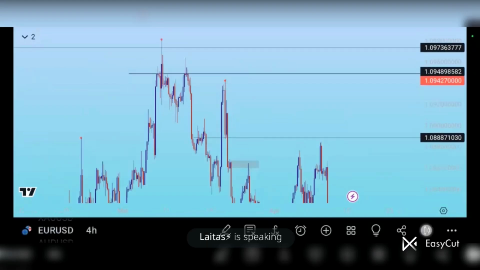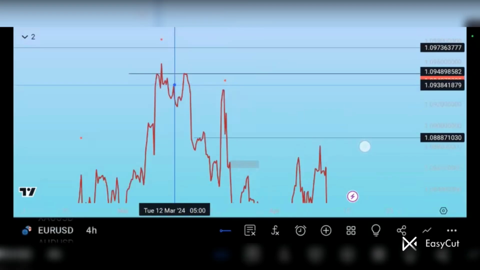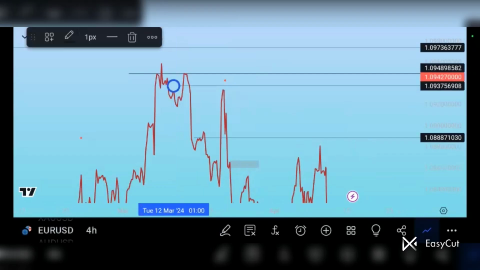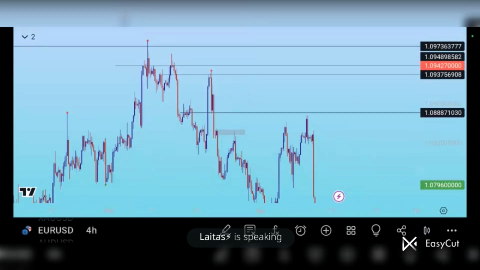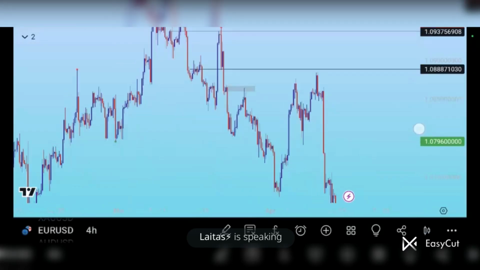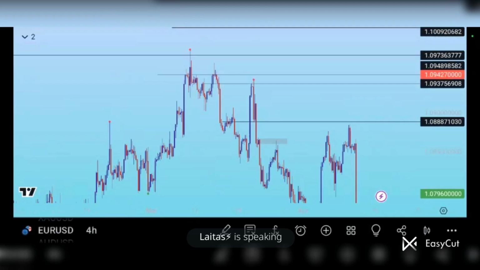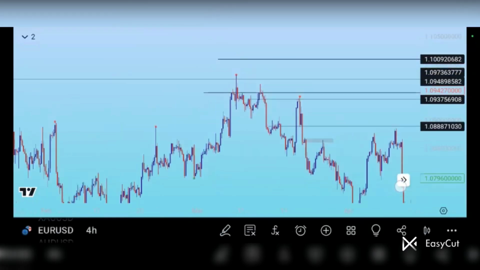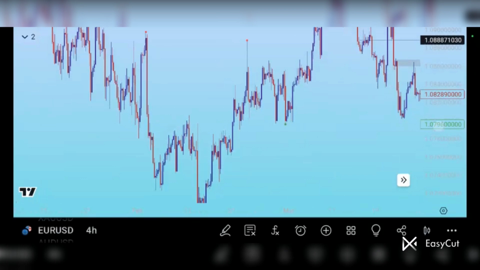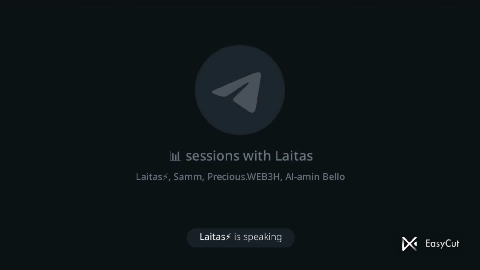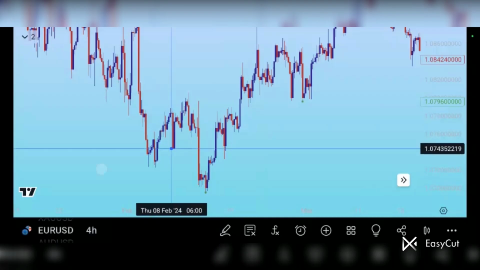This is another QM there. This is another QM. And here's another QM too. Do you see that this QM is for reversal? This is another QM. QM and open close for reversal.